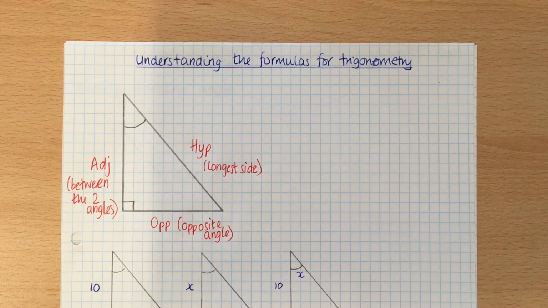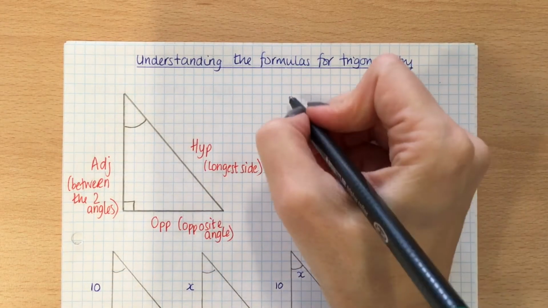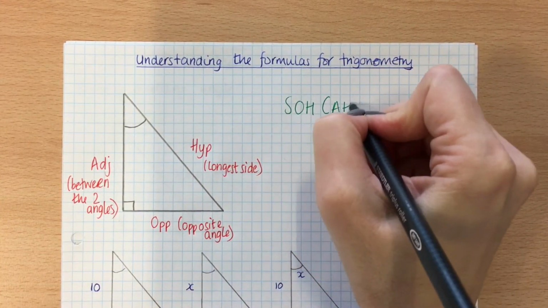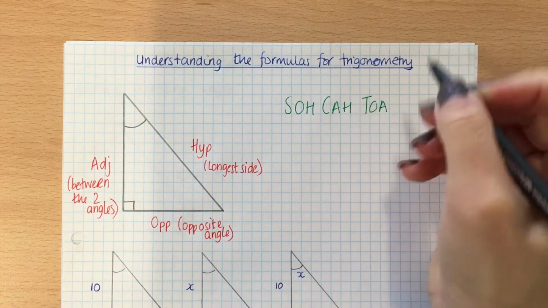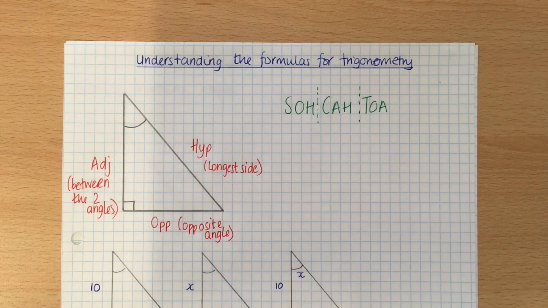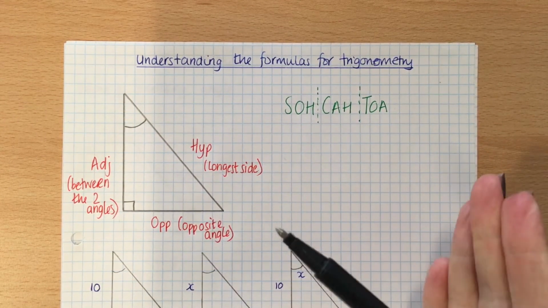Now there's one word that we always associate with trigonometry, and that word is Socatoa. This word is split up into three sections, and depending on what triangle you're looking at and what sides you have in your triangle, that determines what part of the word you're going to use.